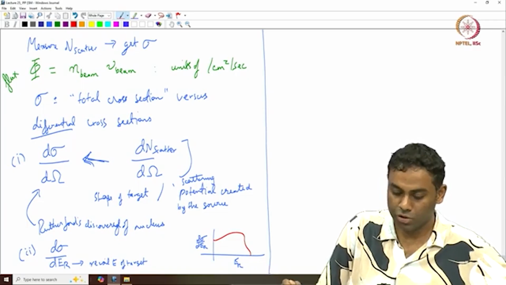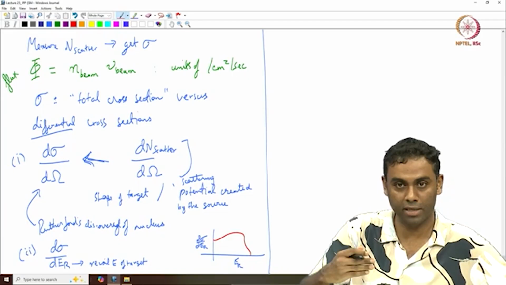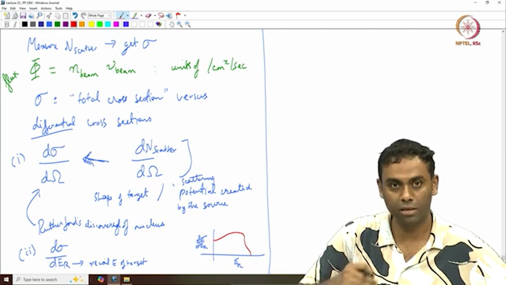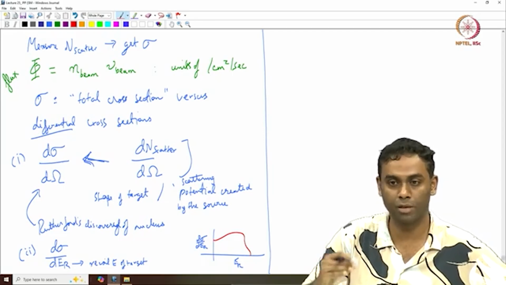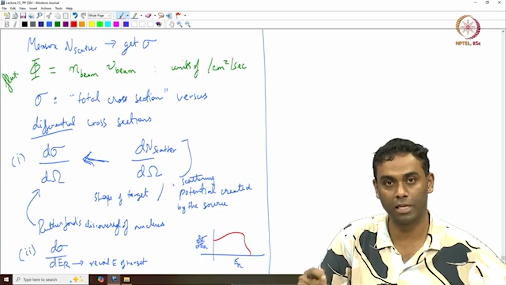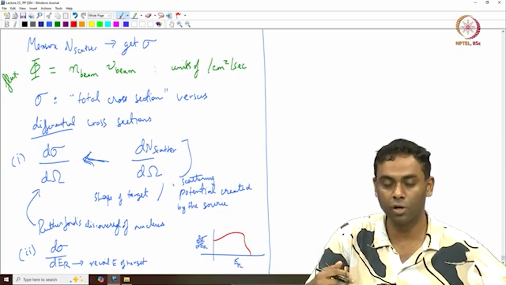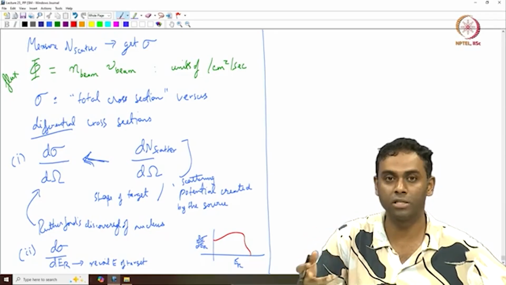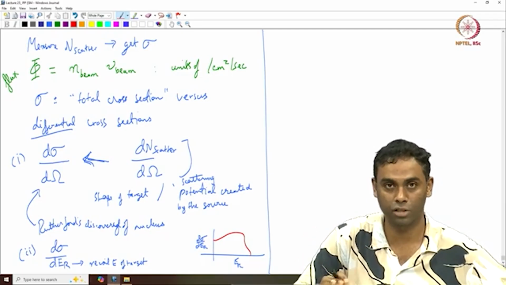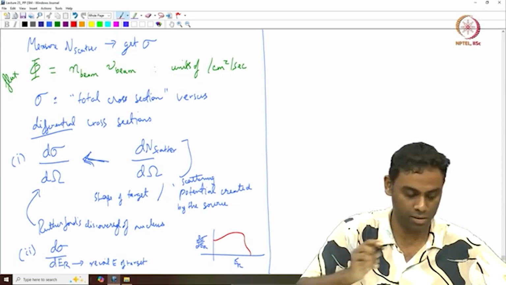Okay? So taking these differential spectra, angular spectra and energy spectra and whatever spectrum you want to construct, okay, momentum spectrum if you want, invariant mass spectrum, whatever. So taking these differentials gives you a lot more information about the system that you are studying, okay, not just the total cross section. Okay?